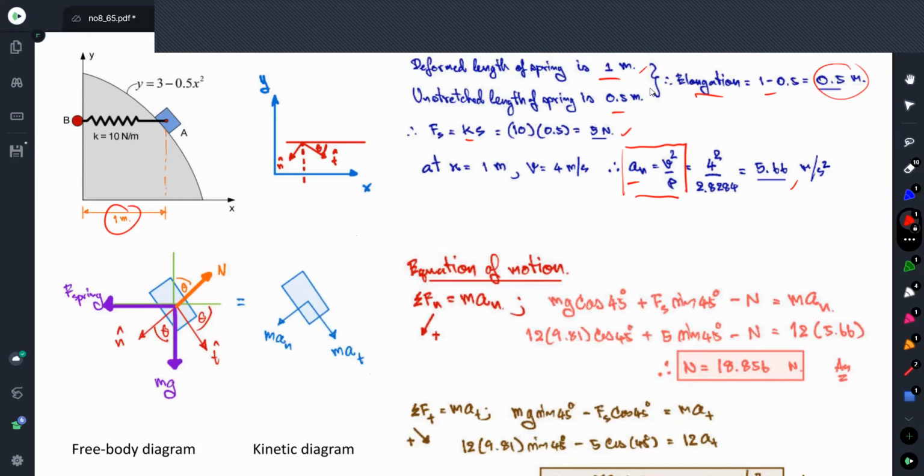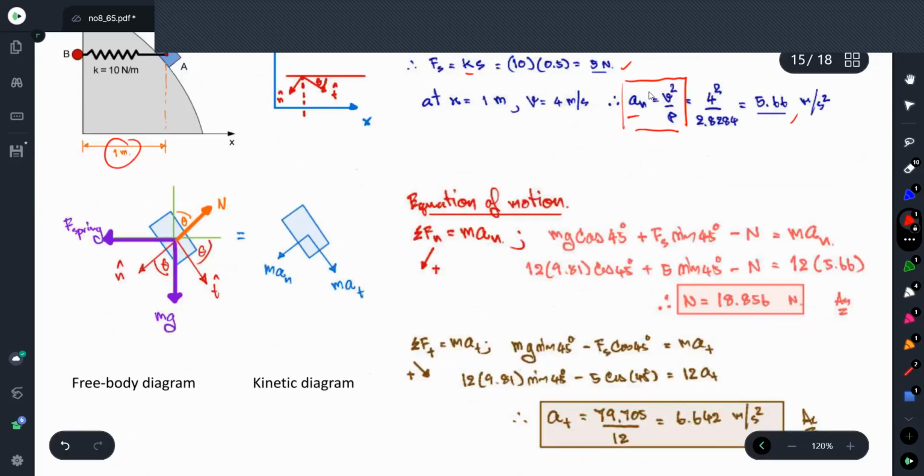So we now move to consider the equation of motion in 2 directions, that is in normal direction and in tangent direction. Okay, for the normal direction first, if we draw the free body diagram like this, we found out, as we know, the tangent is the tangent to the path.